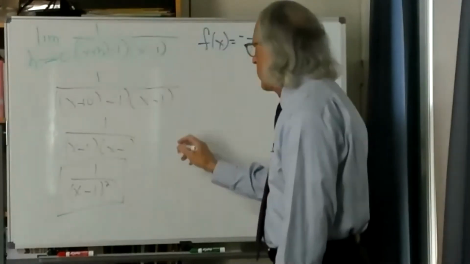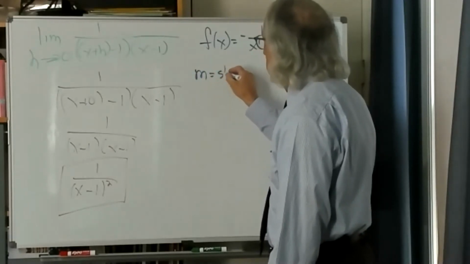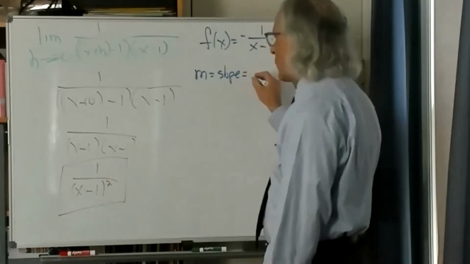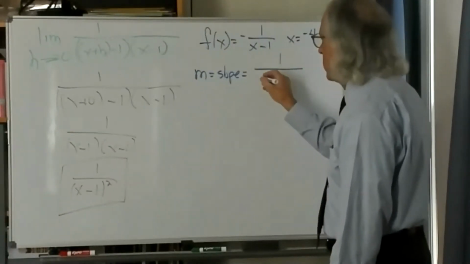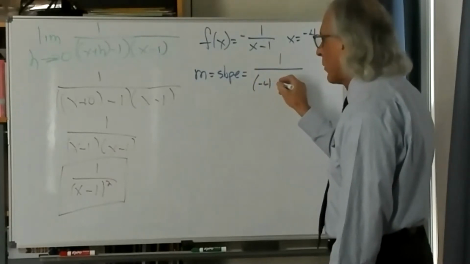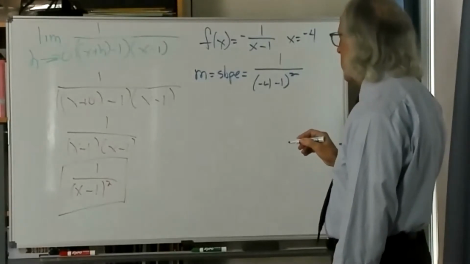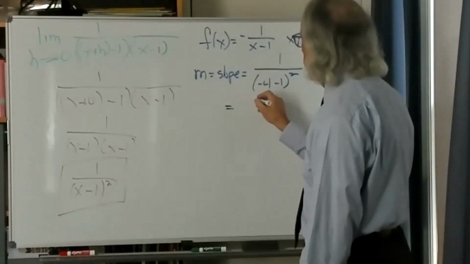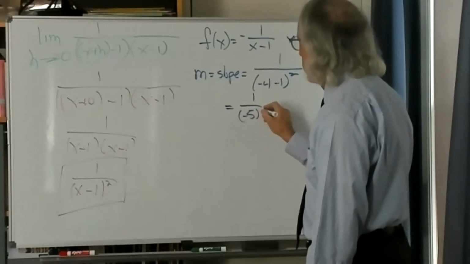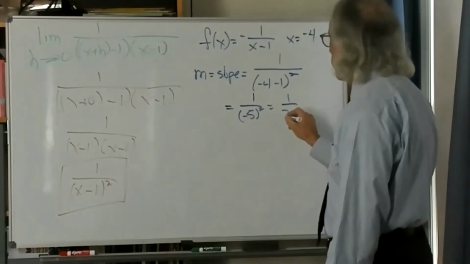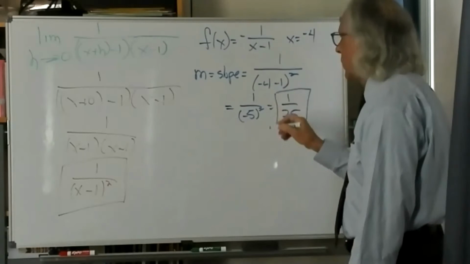So m, that's the slope, is going to equal 1 divided by negative 4 minus 1 squared. Well, that looks to me as if that's 1 over negative 5 squared, 1 over 25. That should be my slope for this function.